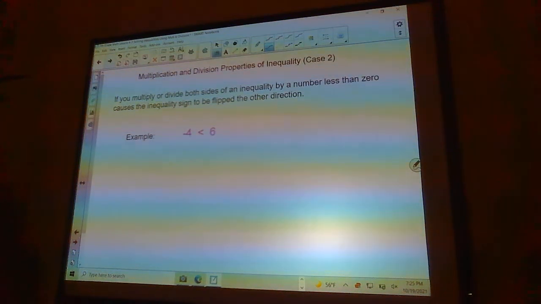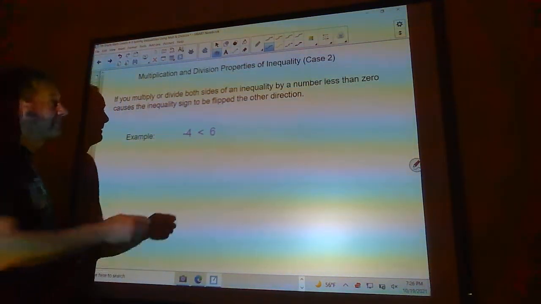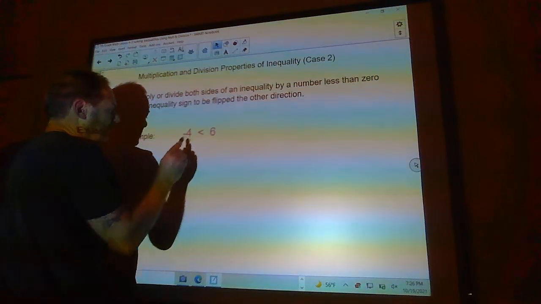The multiplication and division properties of inequality, case number 2. If you multiply or divide both sides of an inequality by a number less than 0, that causes the inequality sign to be flipped in the other direction. So here I know that negative 4 is less than 6.